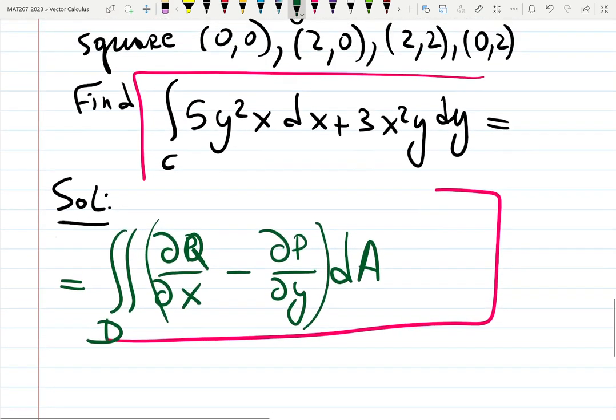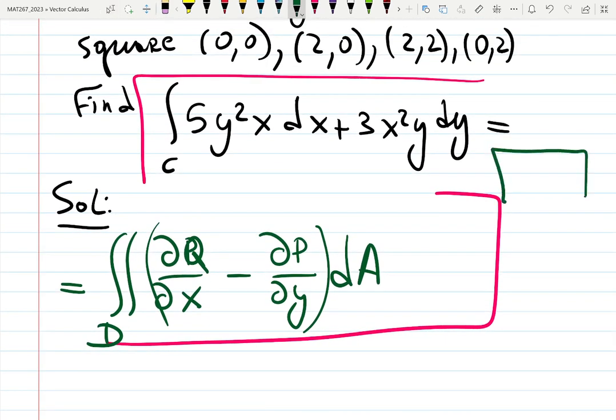So instead of C, the curve that looks like a square, positively oriented, you will be working with D. That's why it's only helpful for closed curves.